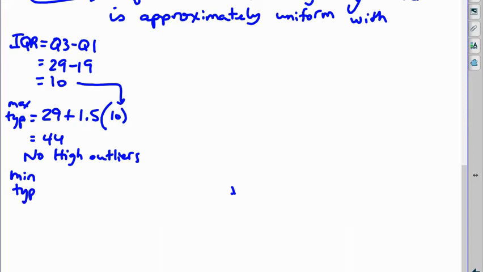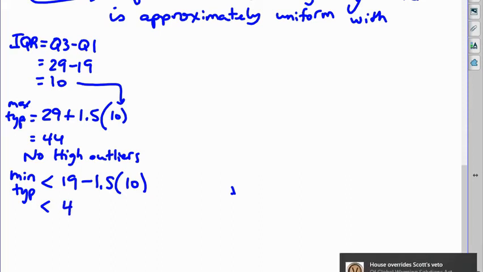And min typical is going to be, if it goes below the Q1, which was 19, subtract the 1.5 times the IQR with 10 again. So did it ever go below 4? There were no values that went below 4, so there were no low outliers.